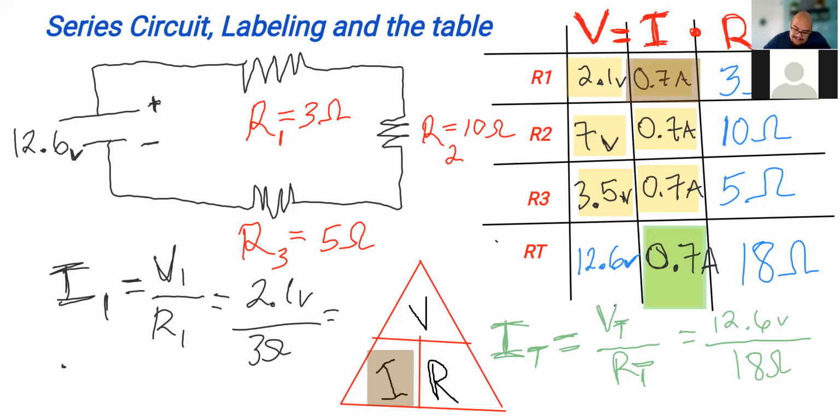So now I can translate what's on the table and say that we have 0.7 amps here, 0.7 amps here in the diagram, 0.7 here, and 0.7 amps here. Taking the information from the table and putting it back on the diagram.